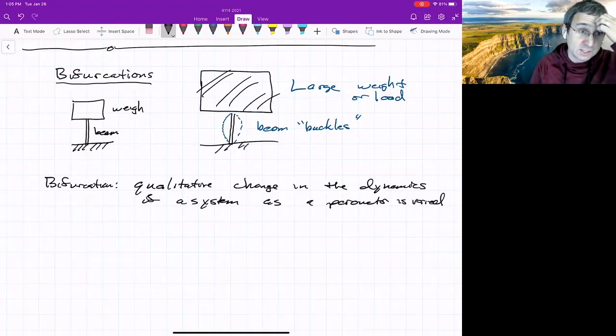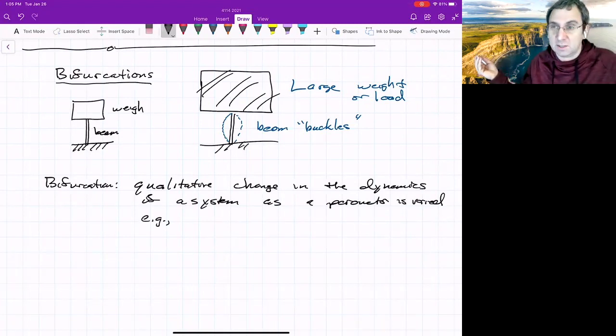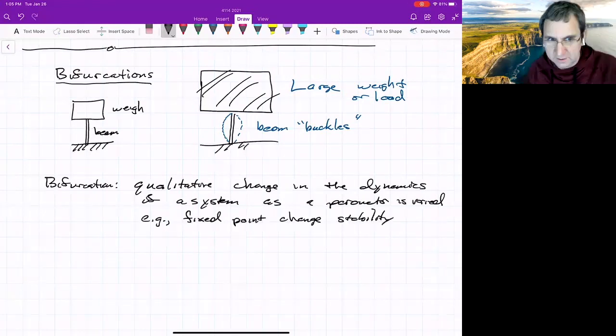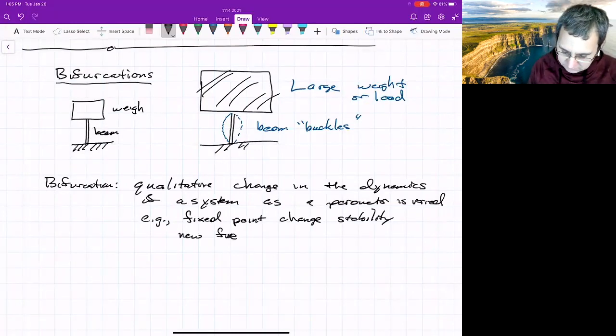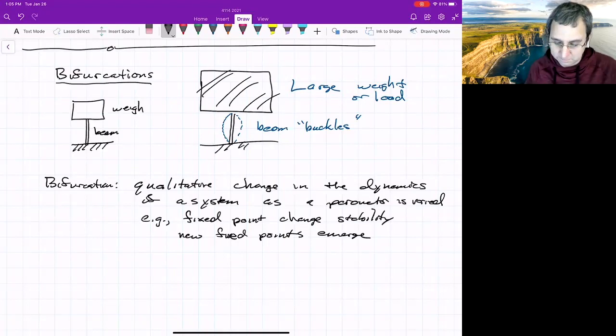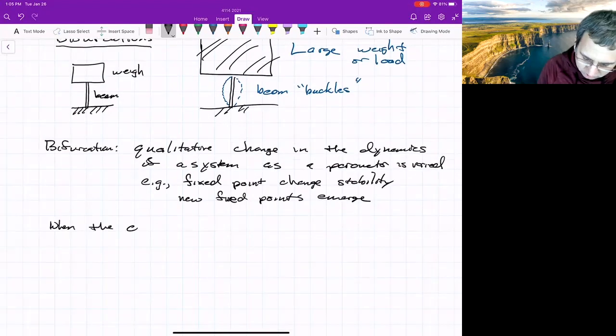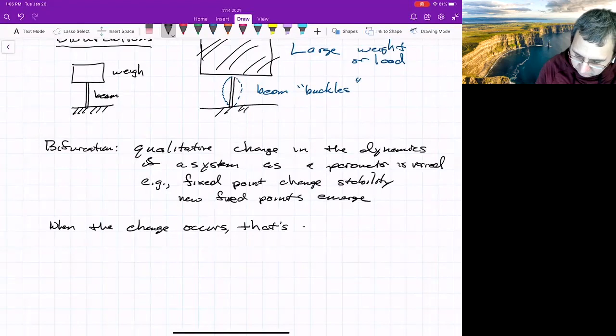And what are the types of things that could happen? You could have a fixed point change stability, or new fixed points show up. That's the type of thing that could happen. There's other things too, but these are the simplest. New fixed points emerge, because those are the types that we'll talk about. When the change occurs, that's called a bifurcation point.